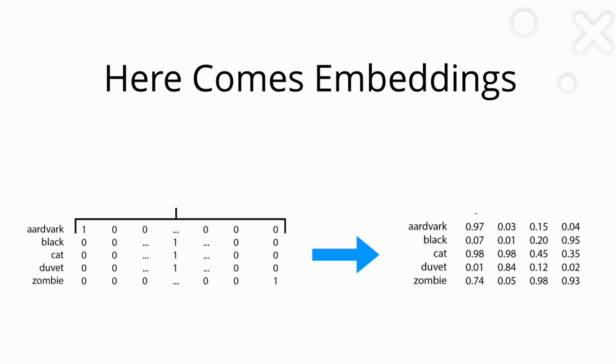There are several ways. One easy way we could have done was what is called one-hot encoding. Let's say we have a vocabulary or dictionary of 20,000 words, so we can make a 20,000 column matrix, right?